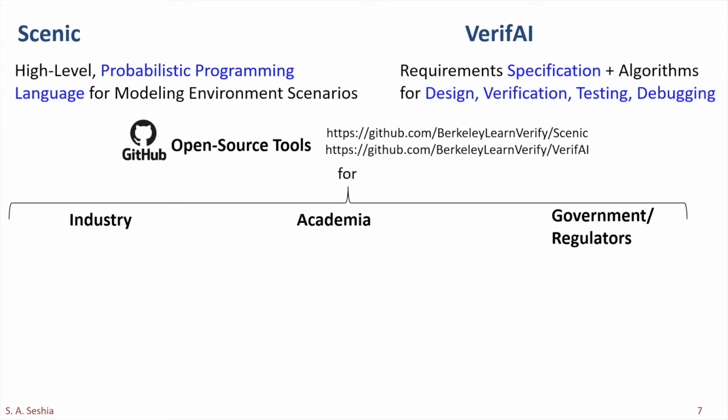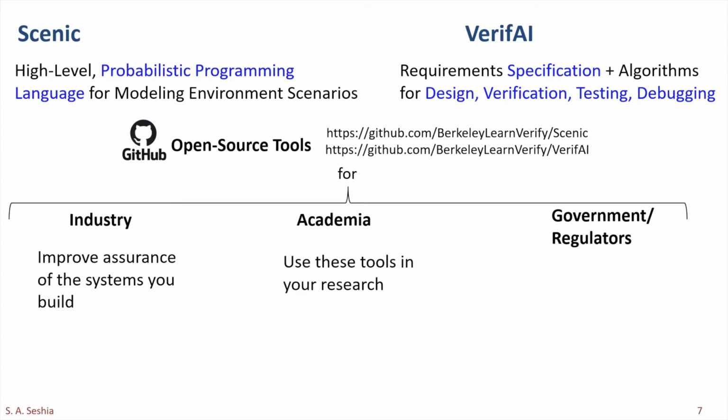We're really trying to develop these tools in a very collaborative fashion and work with people from academia, industry, as well as government. And we've already had many successful collaborations in this regard. If you're from industry, we hope this can help you improve the assurance of the systems you're building. If you're from academia, we would love for you to use these tools in your research. For example, the runtime verification community has done outstanding work on topics like falsification, runtime monitoring, and things like that.